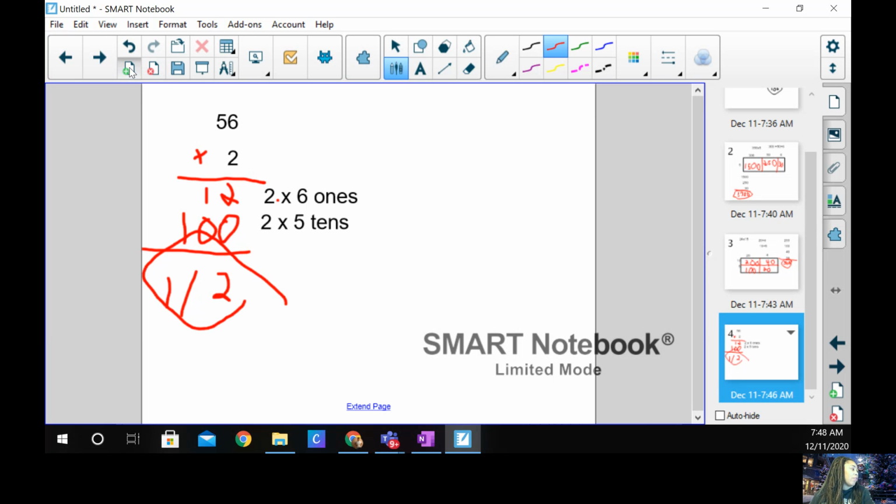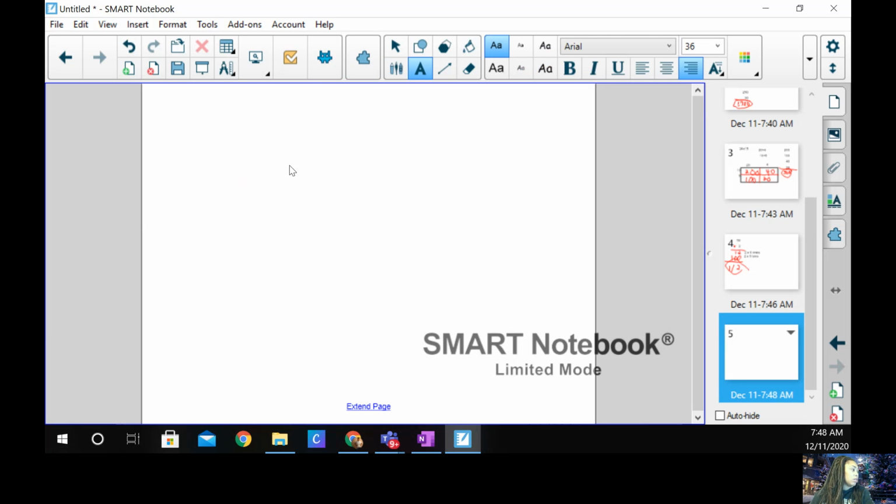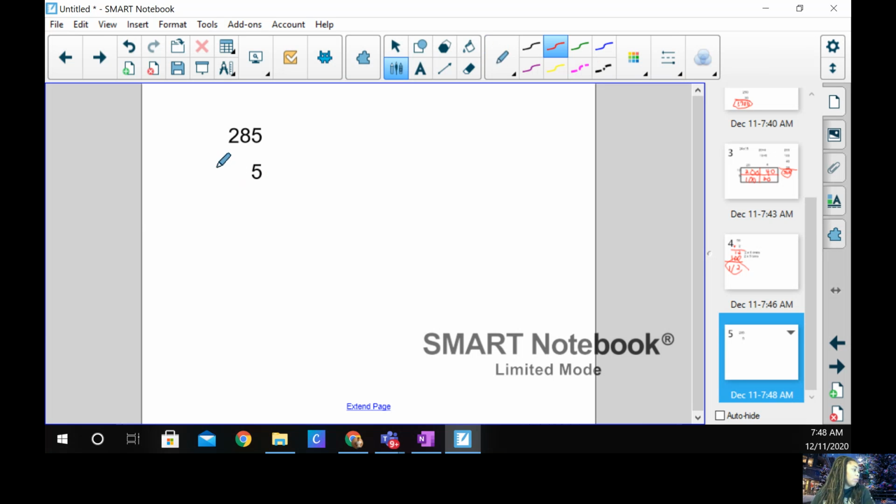And we could even go a step further and go by threes. And so it would be, let's do 285 times 5. We can go there, right? And again, we're multiplying. And this is what's called partial product. Sorry about this squiggly line.